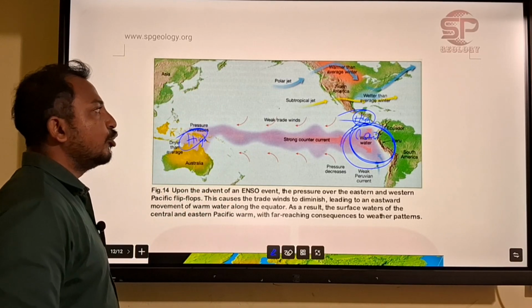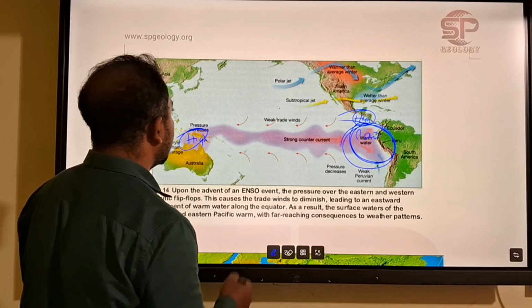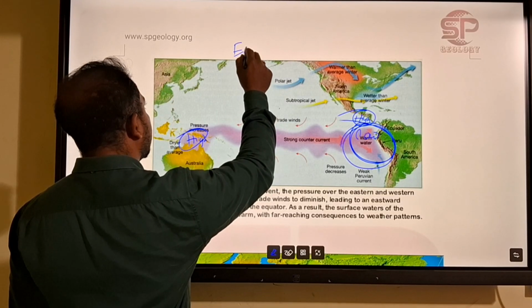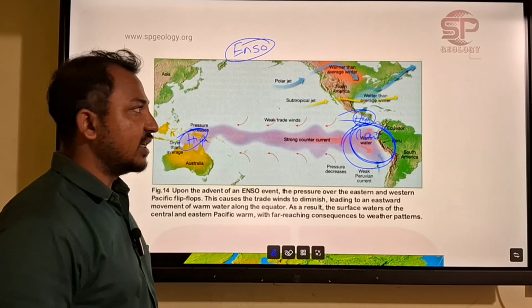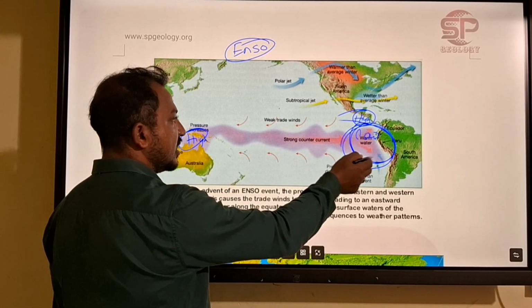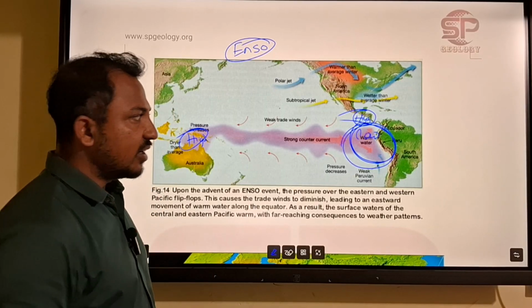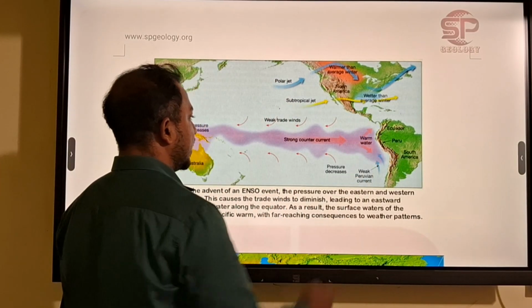This circulation is called ENSO, El Nino Southern Oscillation. Because of this total phenomenon, these regions become nutrient rich or deficient in nutrients, which affects the coastal region.